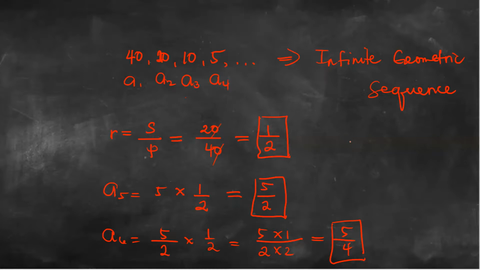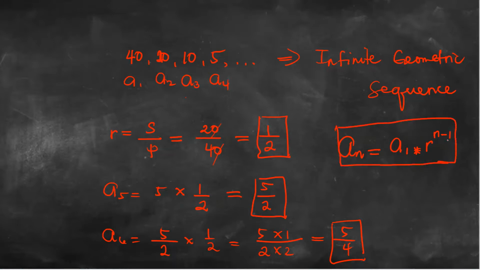Geometric A sub n is equal to A sub 1 times, this is an asterisk multiplication symbol, r raised to n minus 1. So this is our formula for finding the term that you wish to look for.